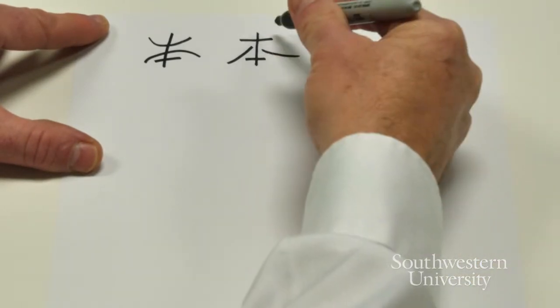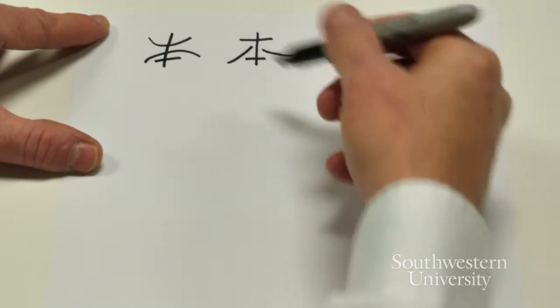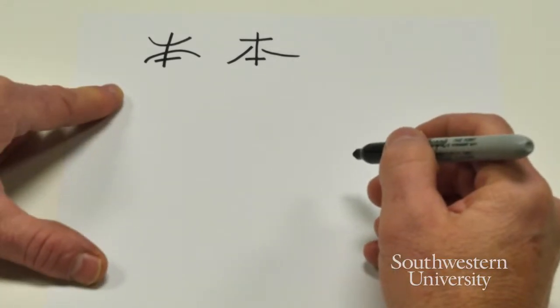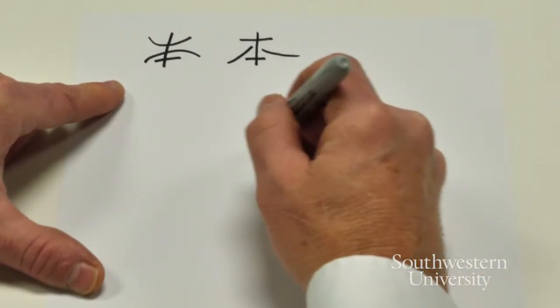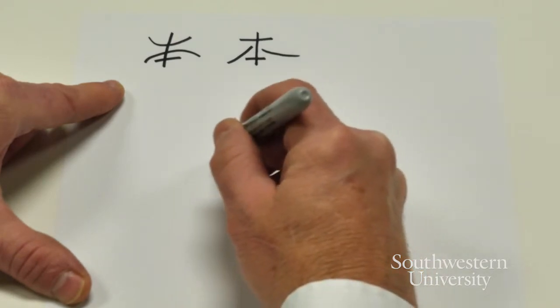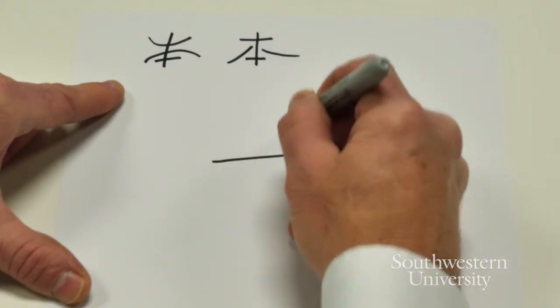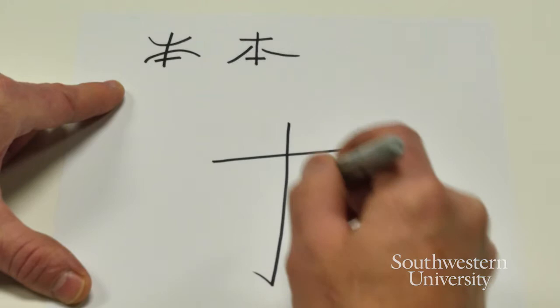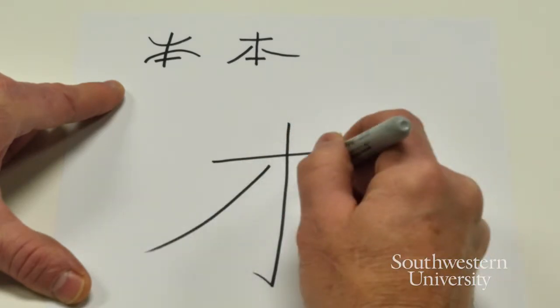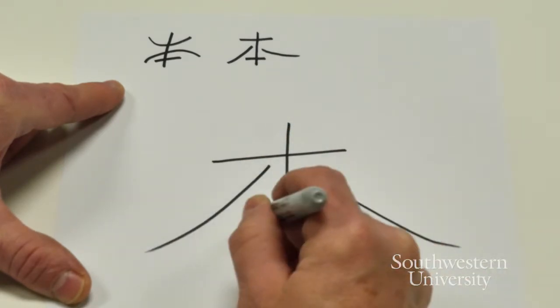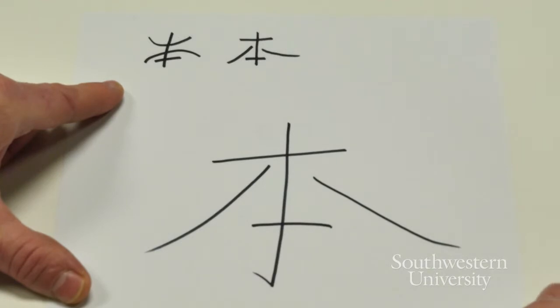You do the same thing when you want to indicate the branches, but we won't deal with that now. Here is this character, hung, shu, go, pie, na. Hung, bun.